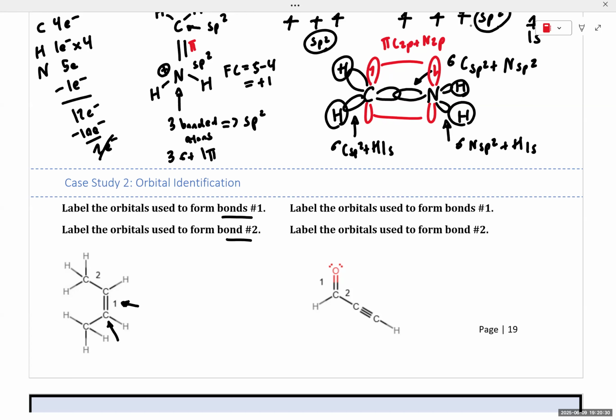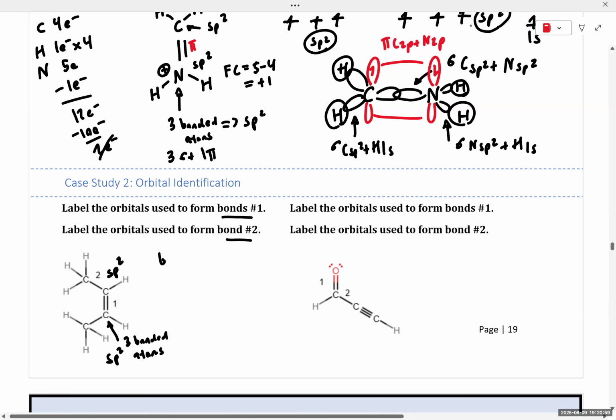This carbon here has 1, 2, 3 bonded atoms. That tells us that this carbon is sp2. The other carbon has 1, 2, 3 bonded atoms, so it's also sp2. You can also tell by the fact that there are 1, 2, 3 sigma bonds and 1 pi bond attached to each of these carbons for bond number 1.